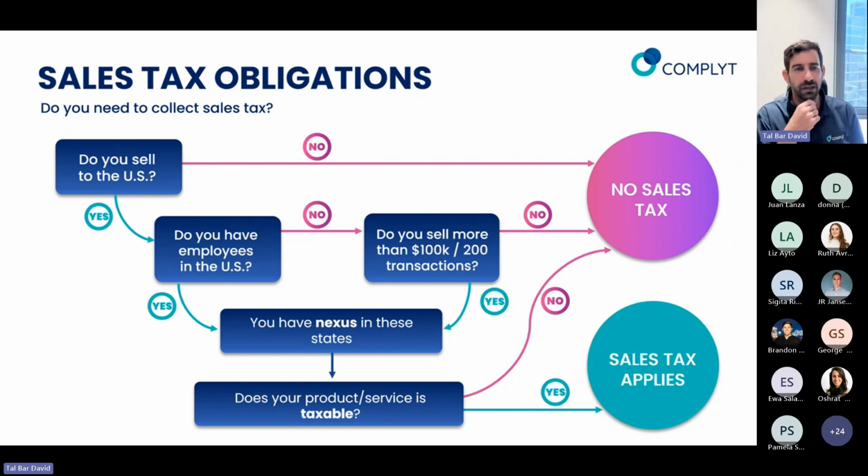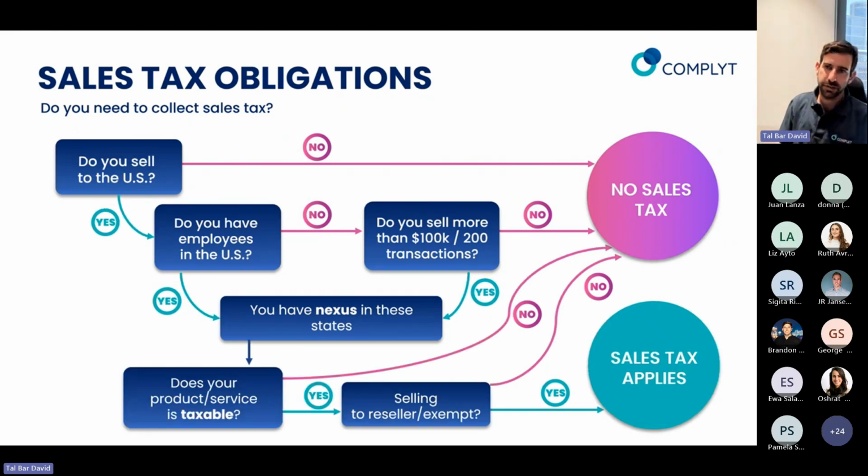I said at the beginning, exempt transactions. We need to ask ourselves eventually who we are selling to, because there are different types of exempt transactions. Exempt transactions can be because my customer, my client, is exempt. For example, if you are selling to a governmental institution or a non-profit organization, sometimes they are exempt from sales tax because of the nature of the business.